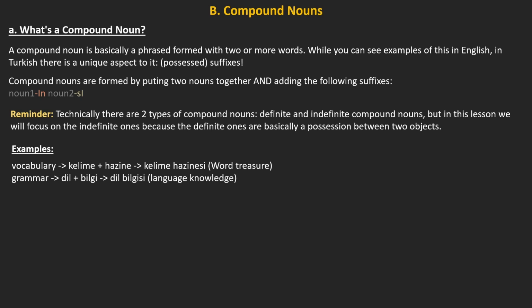But dil bilgisi. Bilgi is information, knowledge, it can mean all of them. Soru bankası. Yes. Soru bankası. So like question bank. It's basically a book with so many questions in it.